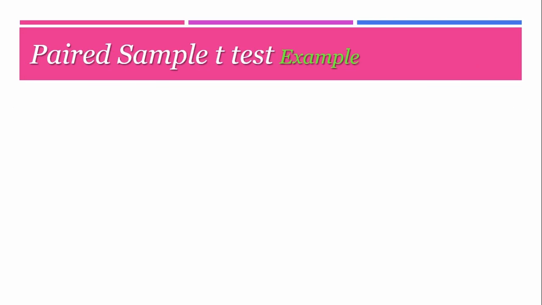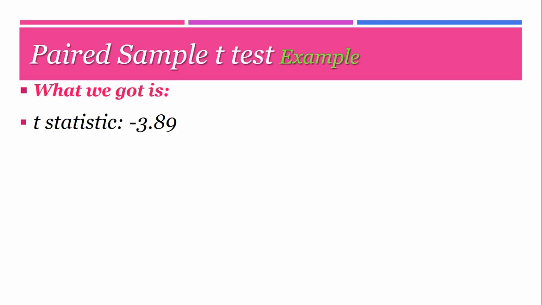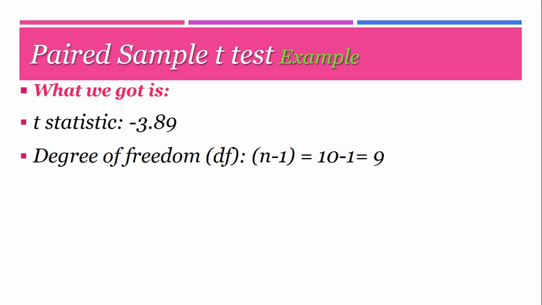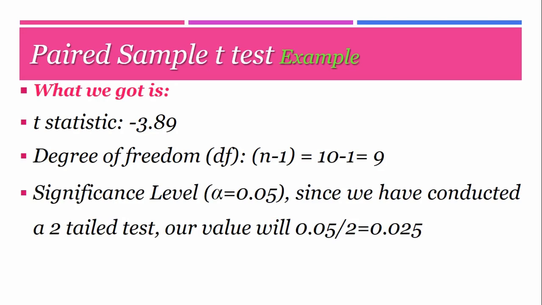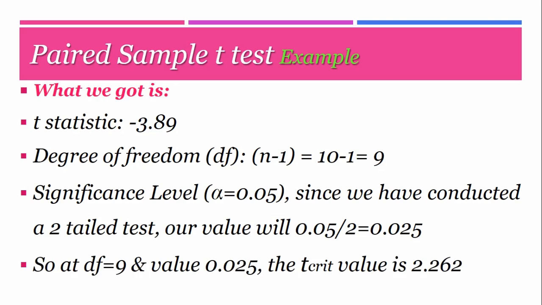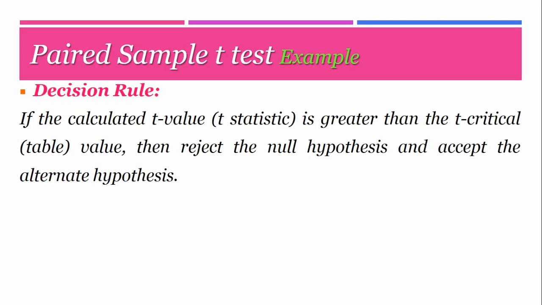What we have got till now is t statistic value minus 3.89, degree of freedom 10 minus 1 equal to 9, significance value of two-tailed test alpha equal to 0.025, and the t critical value is minus 2.262. The decision rule says that if the calculated t value is greater than the table value, then we should reject the null hypothesis.